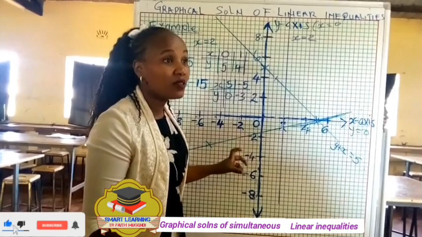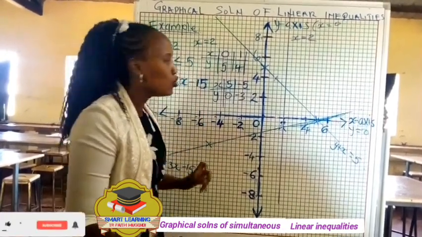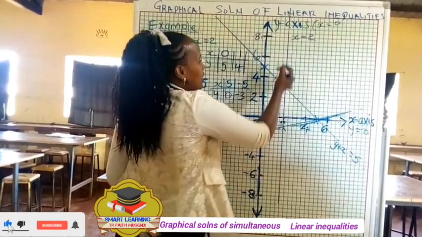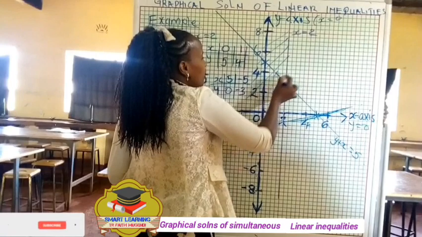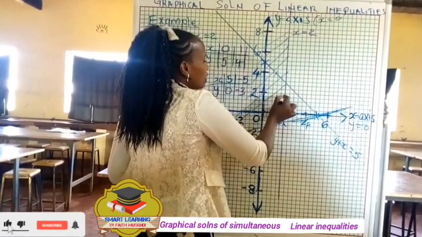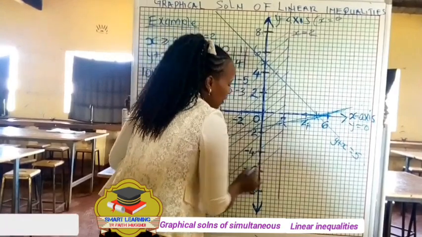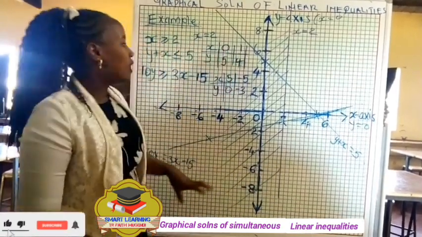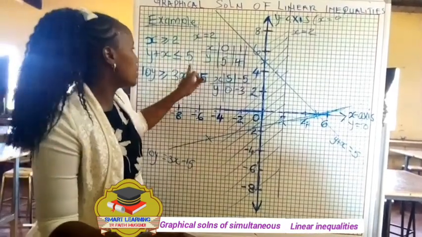Does it satisfy our inequality X is greater or equal to? So the unwanted side is this one, and we are going to shade the unwanted side. Just like that. Then we go to another line, the second inequality.